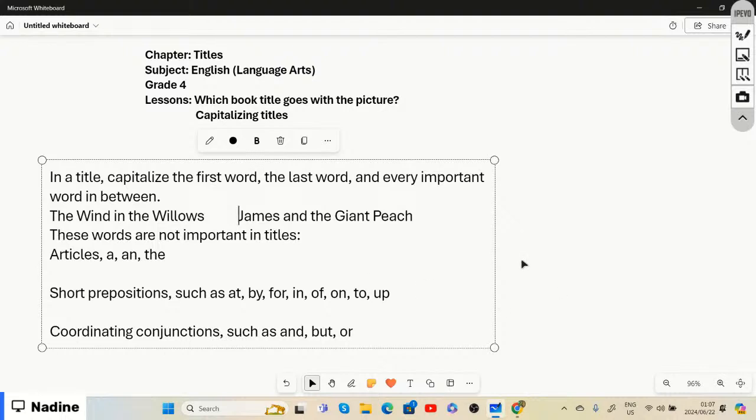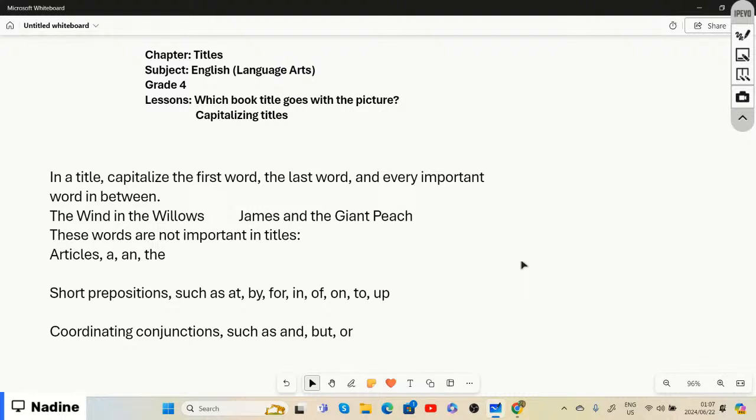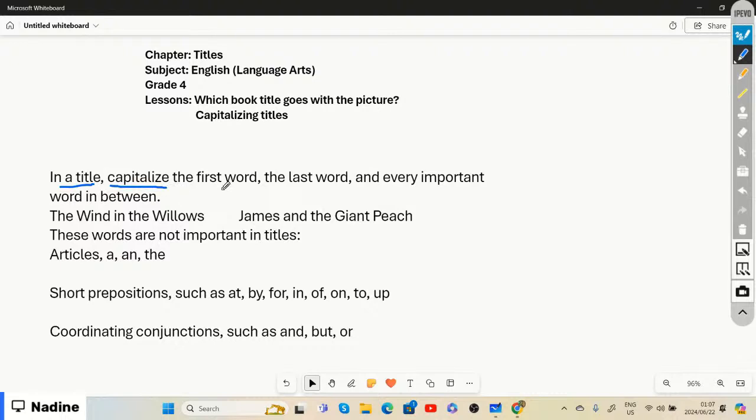And when it comes to capitalizing titles, right, within a title, we need to capitalize the first word of that, whether it is a book, whether it is a movie, whether it's an article.